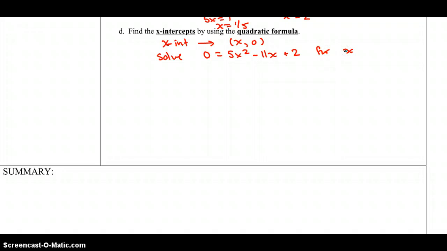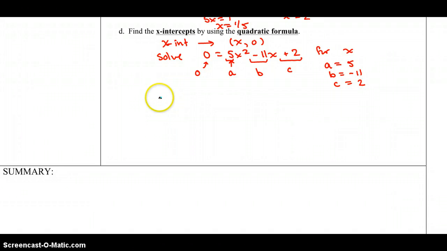Well, without factoring, we're going to use the quadratic formula, and the quadratic formula says that we have to have a 0 here, which we do, and then our coefficient on x squared is our a, coefficient on x is b, and our constant is c. Okay, so for this one we've got a equals 5, b equals -11, and c equals 2.